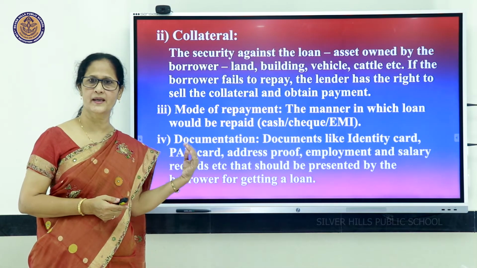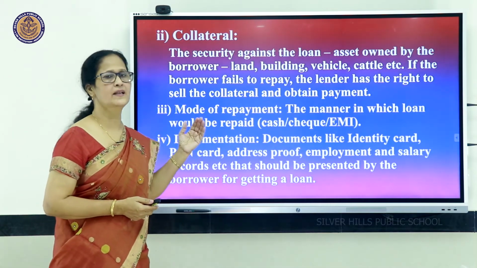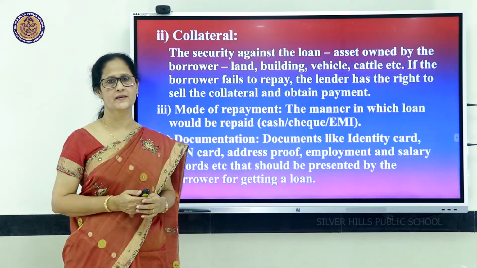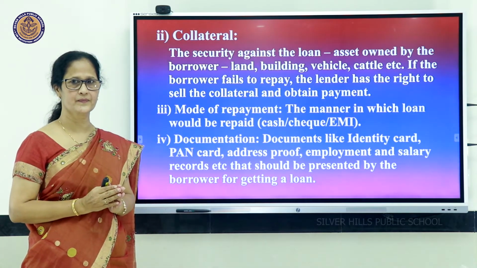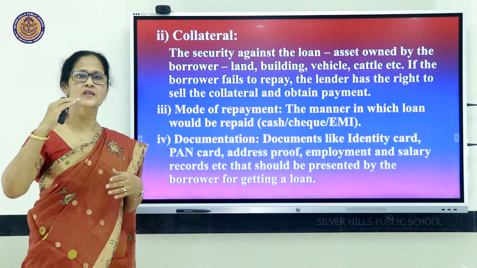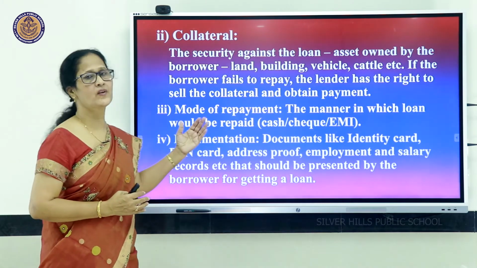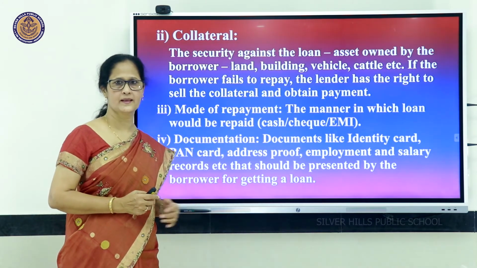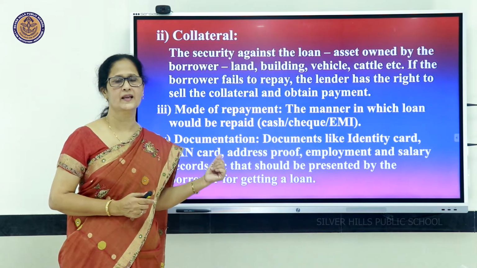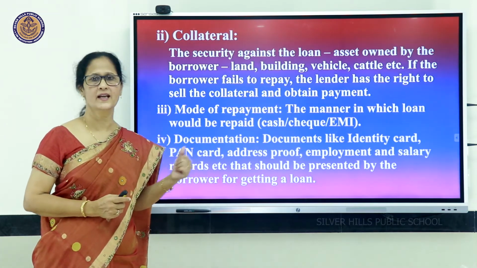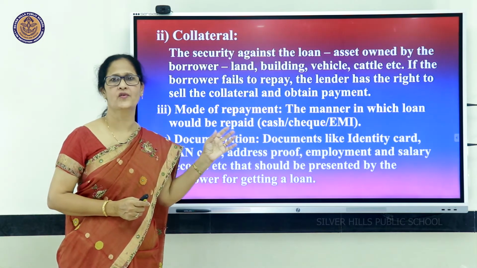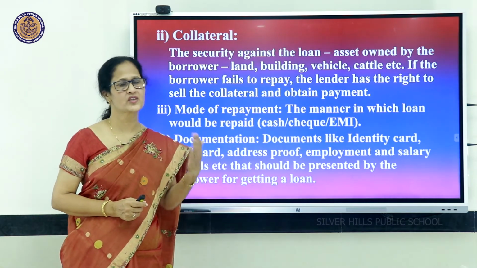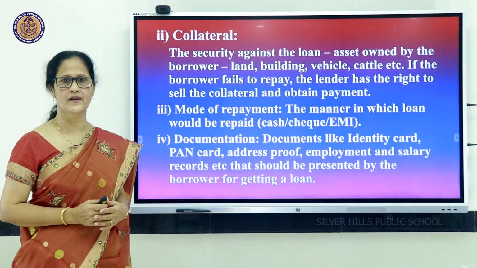What is an EMI? Equated monthly installment. The principal amount plus the rate of interest will be divided into smaller amounts and will be paid every month. That is EMI, or equated monthly installments. And EMI is the common form of repayment, especially when you are taking loans from banks.